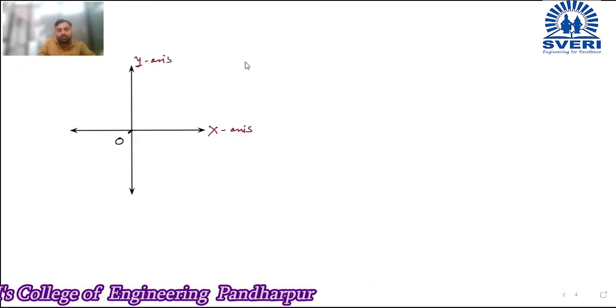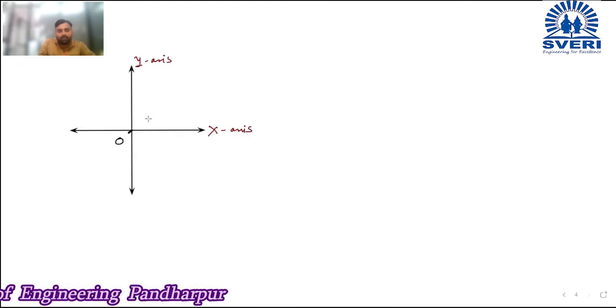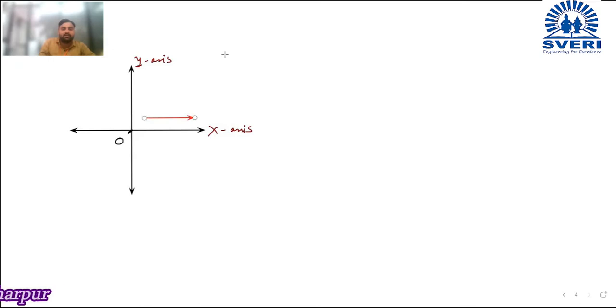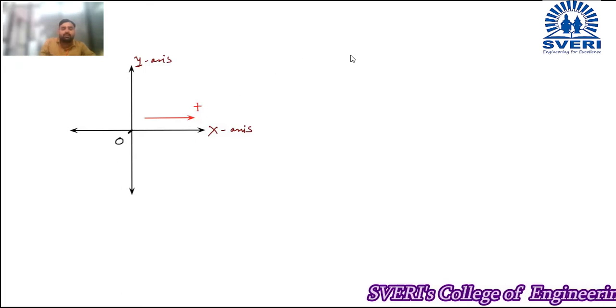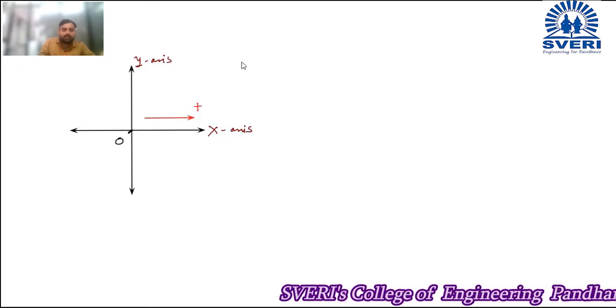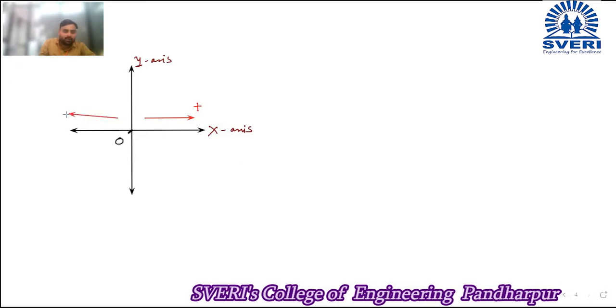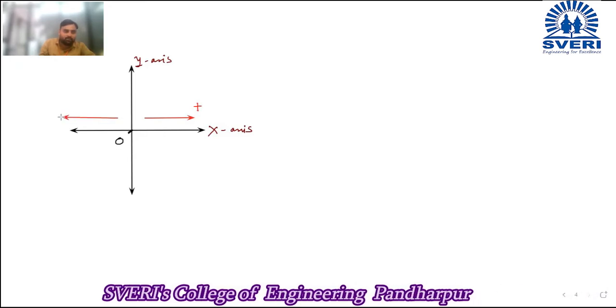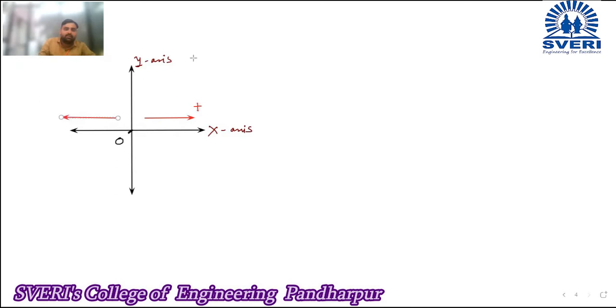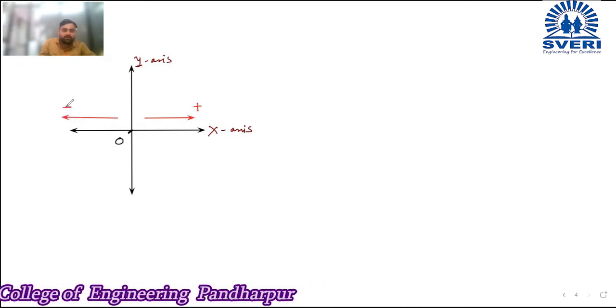So if the force parallel to the x-axis is moving towards the right, we consider it a positive force. Similarly, if the same force is moving leftward, we call this force negative.